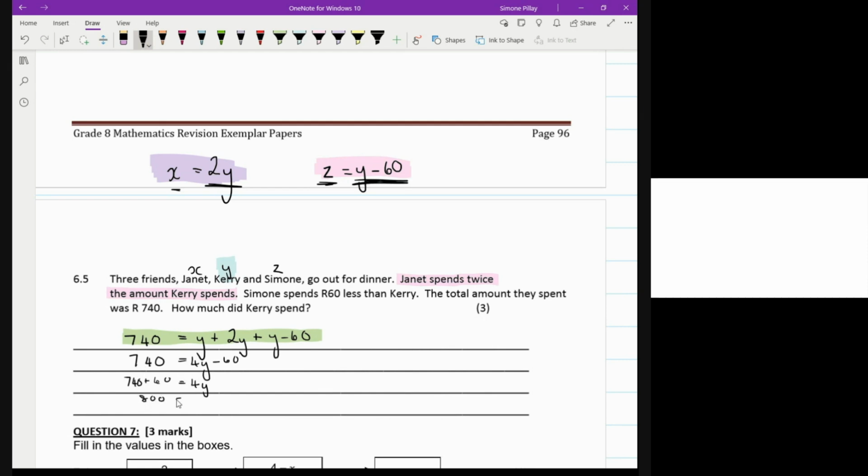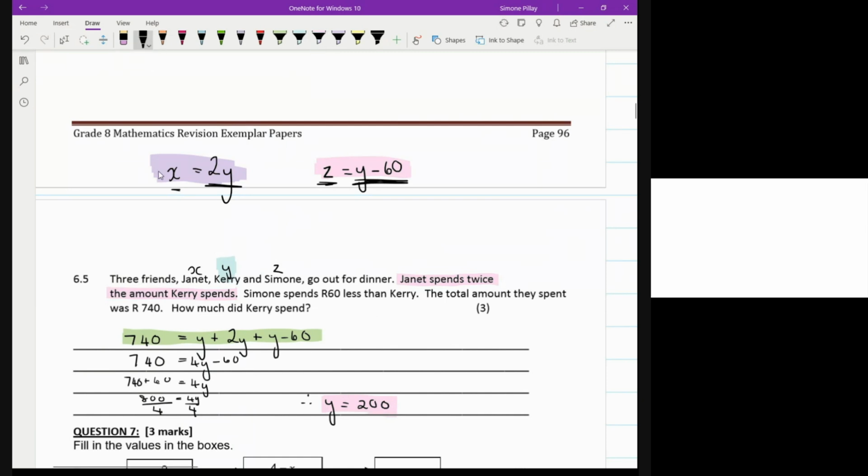And then it's equal to 4y. Then 800 divided by 4, which is 200. Because we divided both sides, it's going to be equal to y. There you go. Thank you very much. And so now we've solved this equation and we said y is equal to 200.